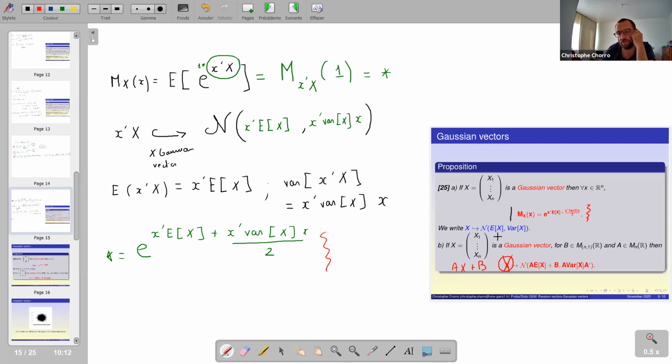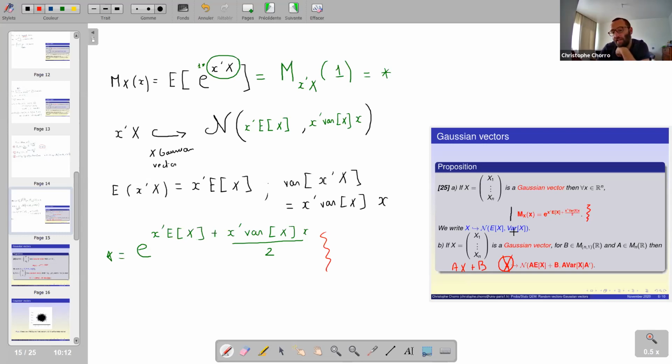That's why I use this notation: if you know that you have a Gaussian vector, and I give you the vector of the expectation and the variance covariance matrix, then from the form of the moment generating function, you know that these two matricial quantities will uniquely define your Gaussian vector. And so we will say that X follows a Gaussian with a random vector expectation of X and a variance that is the variance of X.